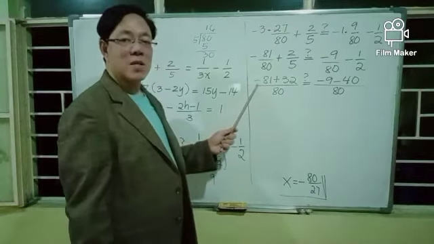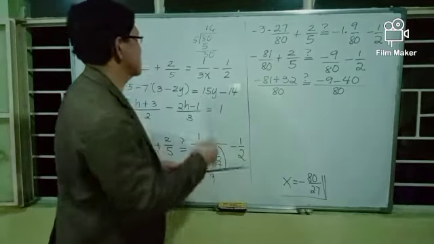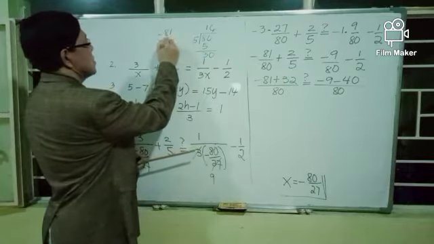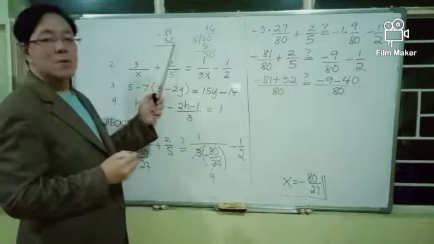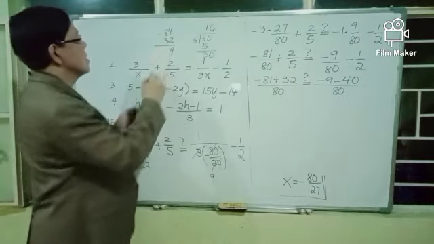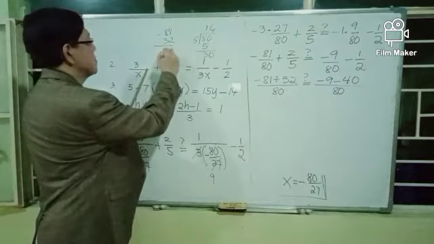Now, in the numerator, we add negative 81 plus 32. We have 81, 32. 11 minus 2 is 9. And 7 minus 3 is 4.